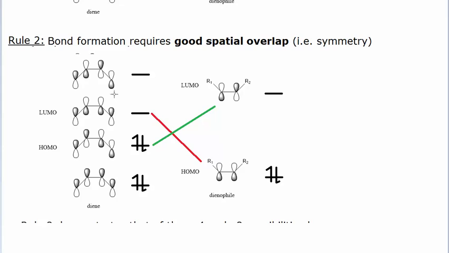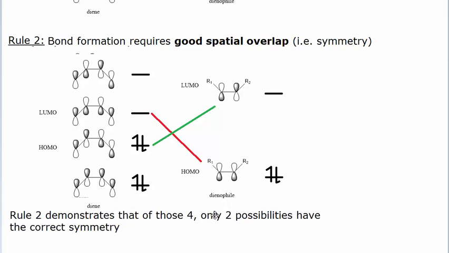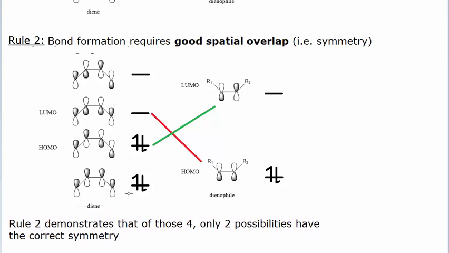The reason that this can't bond with this is because you have white-black, and this you have white-white. So this bonding configuration doesn't have the right symmetry. The only two configurations that have the right symmetry are the ones that are indicated here, so the green pairing and the red pairing. So to restate, Rule 2 lowers down the four possibilities that we had previously, that a filled orbital had to interact with an unfilled orbital.